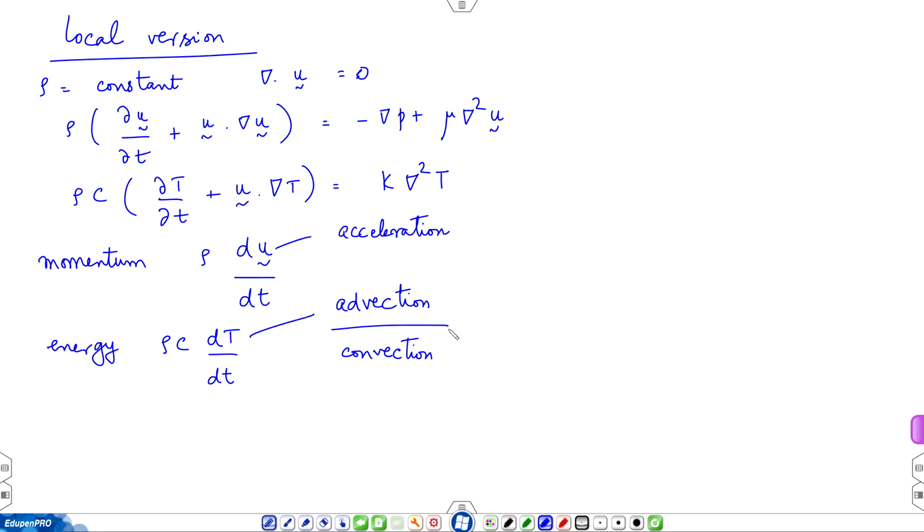So, you recall that this term mu del square u, we had called it the viscous term. You may also call mu del square u the viscous stresses. So, similarly, k del square T is called the diffusion term.